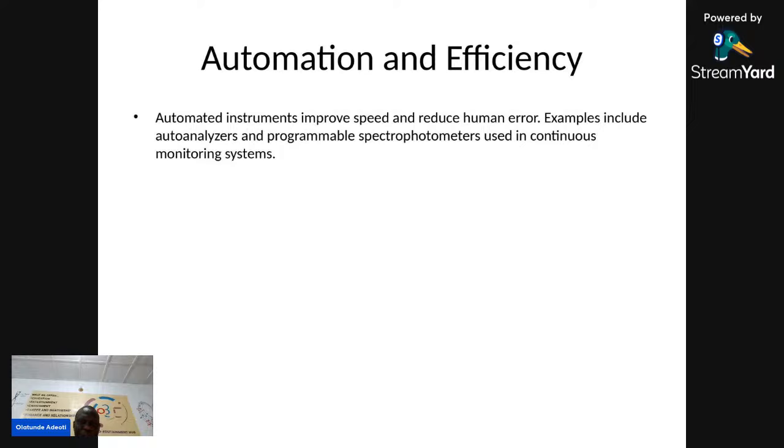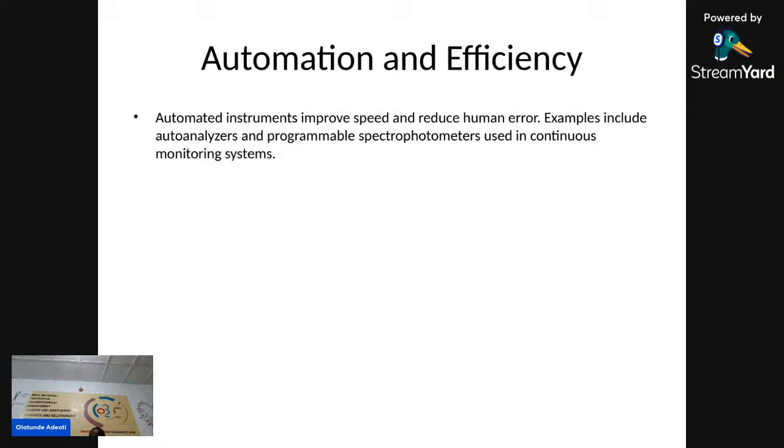So automated instruments will improve speed as well as reduce human errors. Examples include auto analyzers and programmable spectrometers used in continuous monitoring systems.